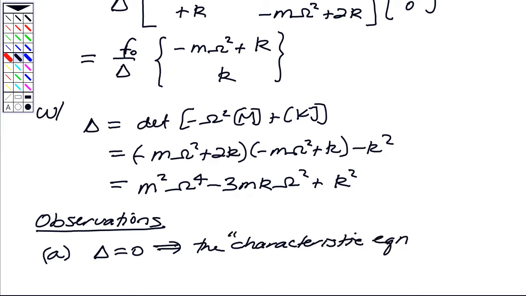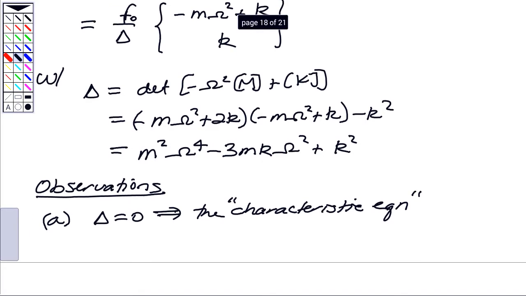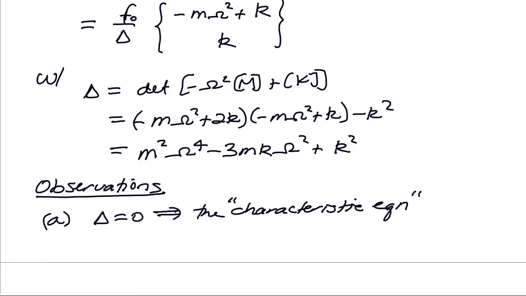Recall that the characteristic equation is what you solve to get the natural frequencies. So if I solve that, I'm going to find the values of omega that are the natural frequencies, the values of omega that make the denominator 0.